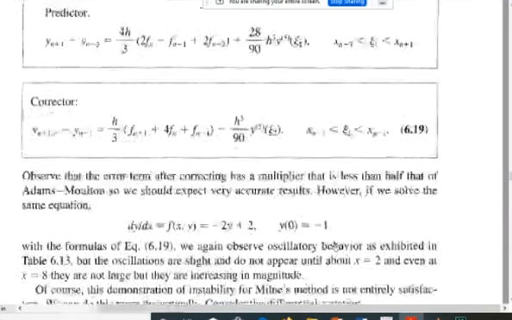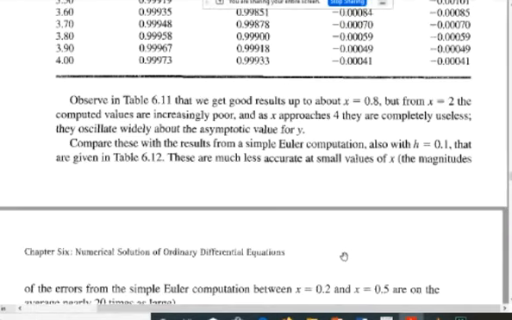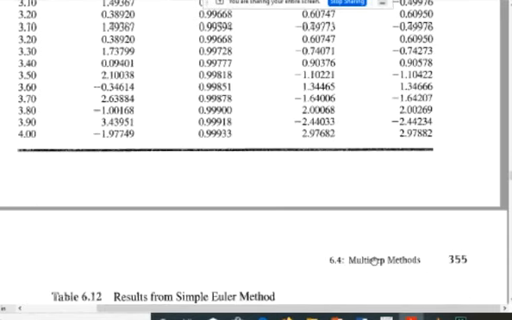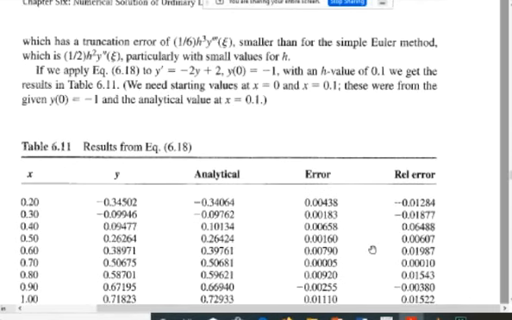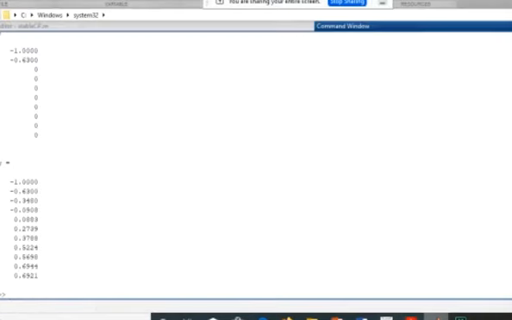At first, let me show the values of y here.